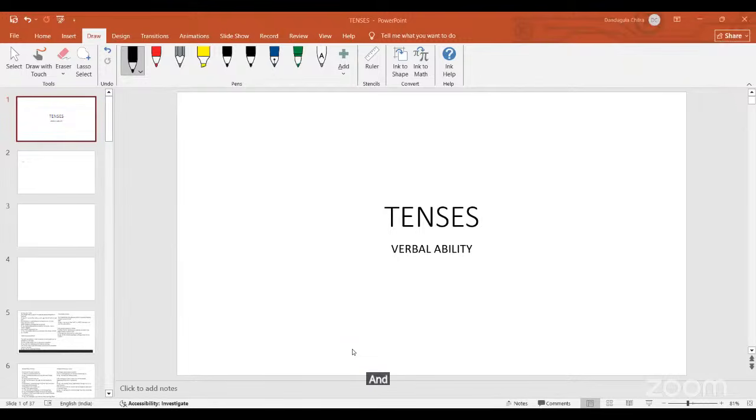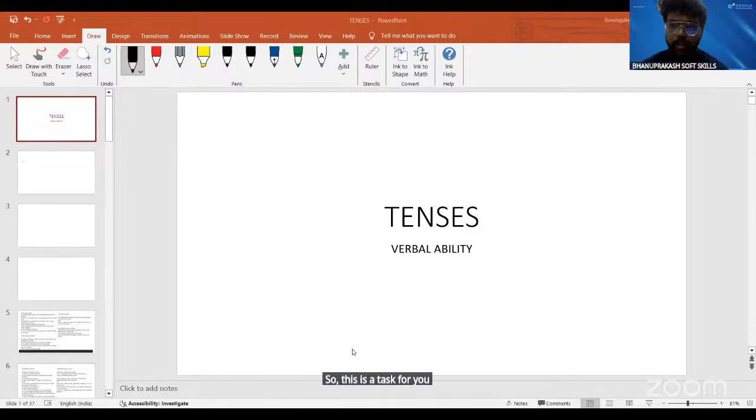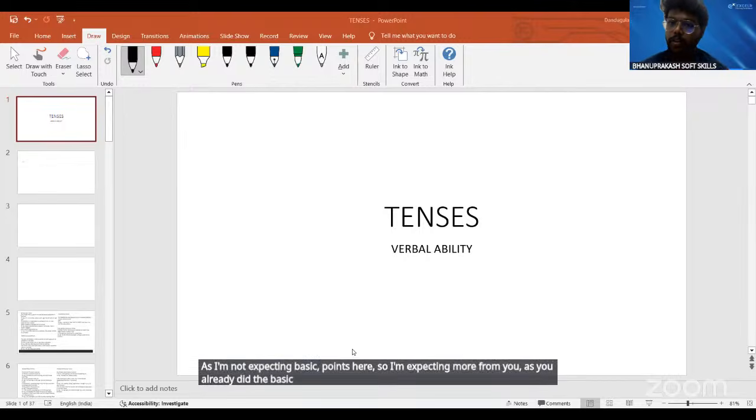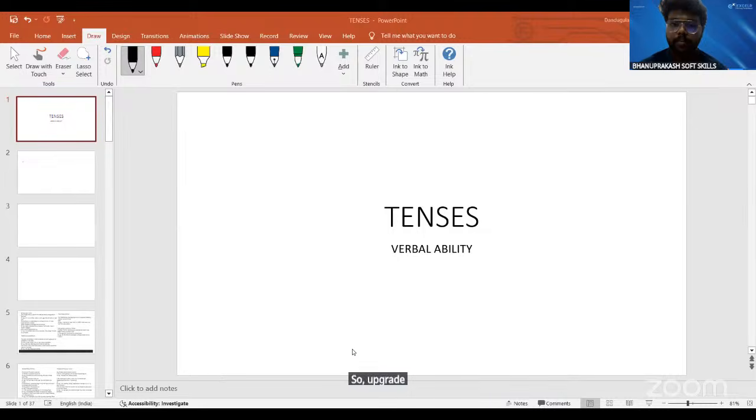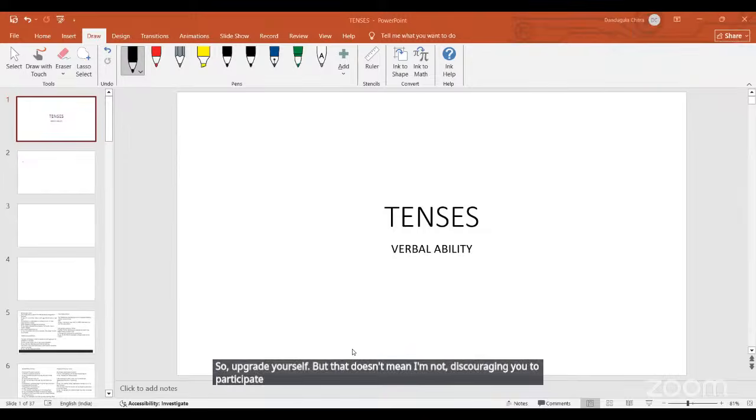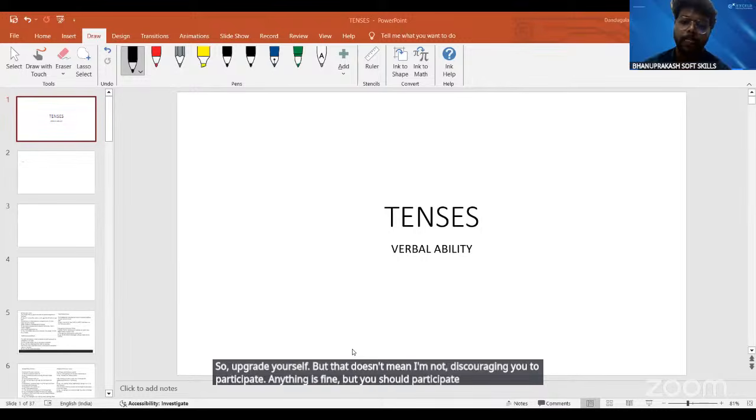You need to think about your favorite movie and why you like it. I'm not expecting basic points here, so I'm expecting more from you, as you already did the basic things before. So upgrade yourself. That doesn't mean I'm discouraging you to participate. Anything is fine, but you should participate.